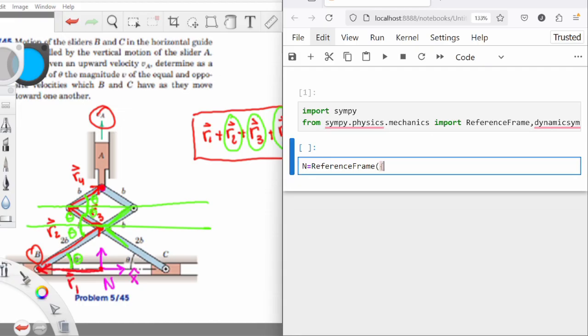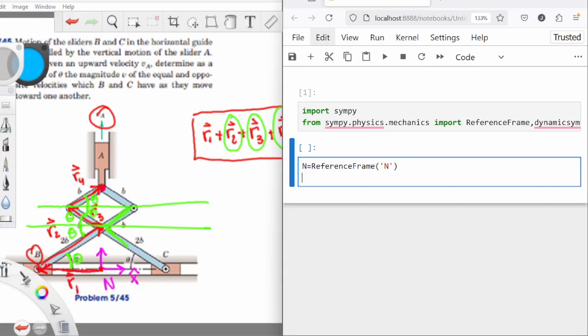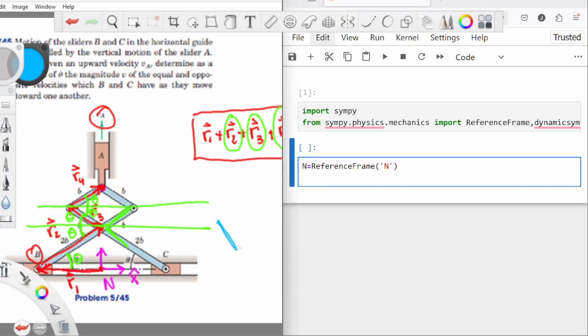We start with our global reference frame N, and then we want to have a reference frame with a positive rotation of theta radians, so that it aligns with the bars that point up, like this one and this one, so R2 and R4.